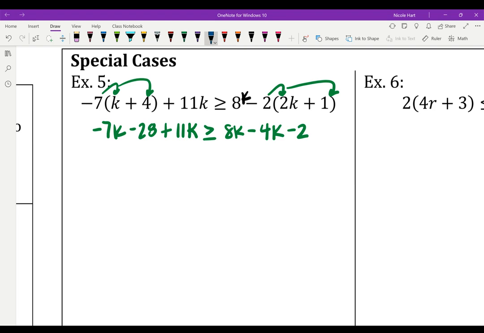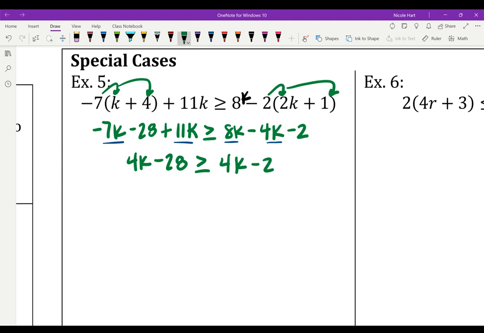So we have some like terms to combine. Negative 7K plus 11K gives us 4K minus 28. It's greater than or equal to 4K and negative 2.